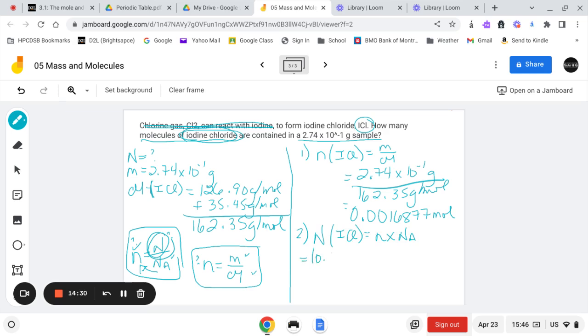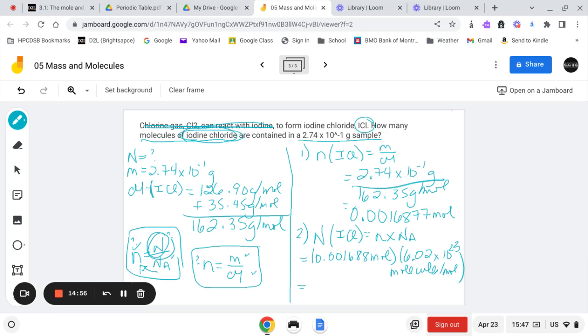So I'm going to need 0.000169. I'm going to round that, moles. And then I'm going to multiply by Avogadro's number, 6.02 times 10 to the 23. And that unit will be molecules per mole. And then we'll be able to come up with our final answer.